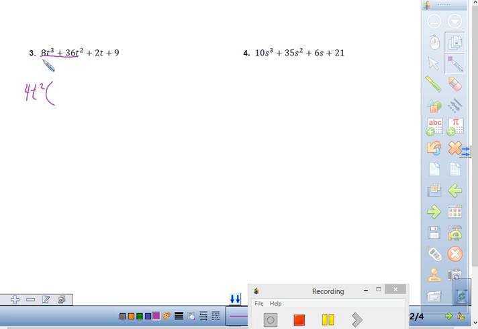So if I divide 8t cubed by 4t squared, I get 2t. If I divide 36t squared by 4t squared, I get 9.